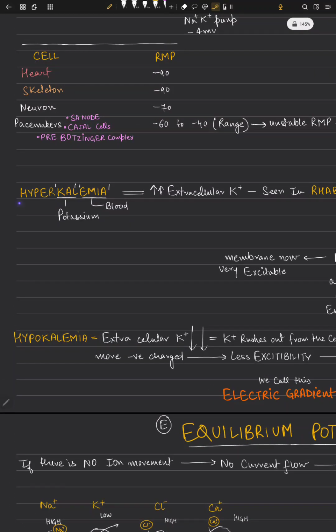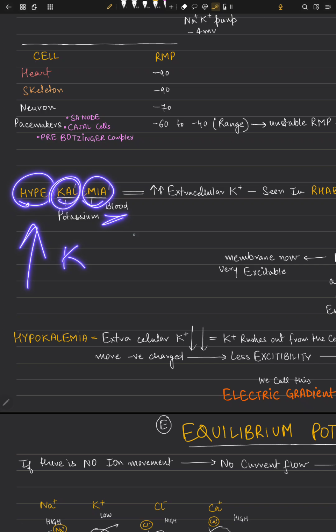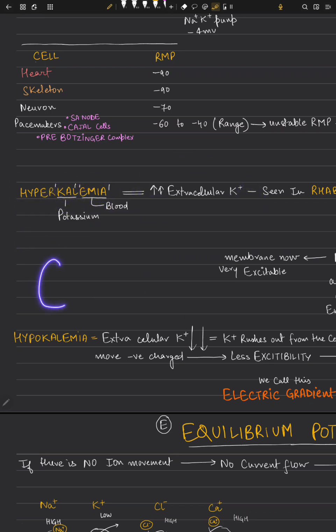Okay, what about hyperkalemia? What is hyperkalemia? Hyper means high, kal means potassium, K, and emia means in the blood. Okay, so extracellular potassium is increased. If the extracellular potassium is increased, and outside is a lot of K, positive, what will happen?